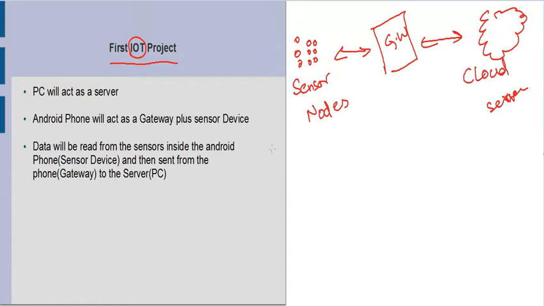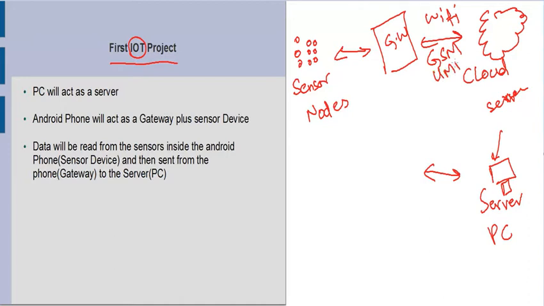In our case, we are going to use our personal computer as the server. Server is going to be our PC, and our gateway is going to be our Android phone, because normally there is Wi-Fi, or, as we said, Wi-Fi or GSM or UMTS communication between these two.